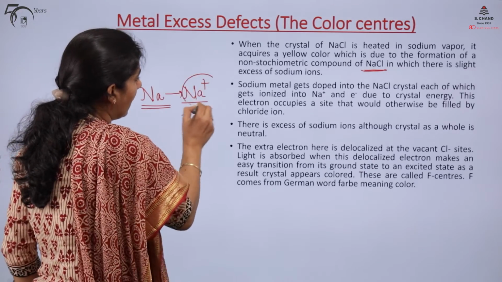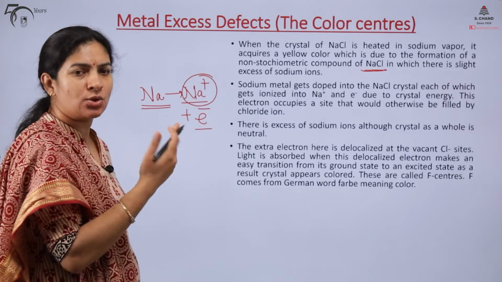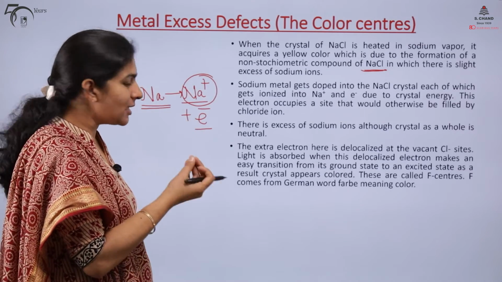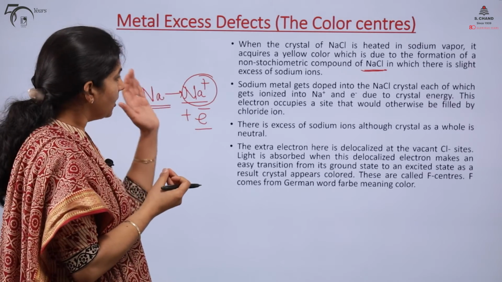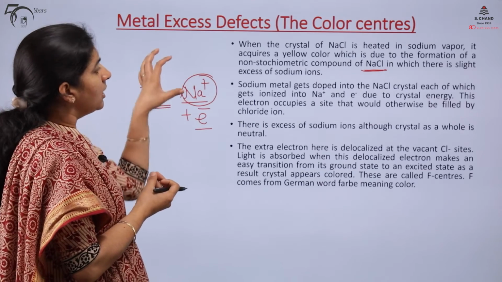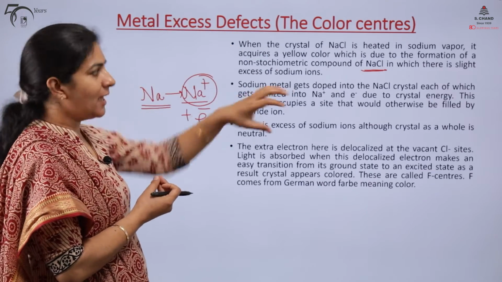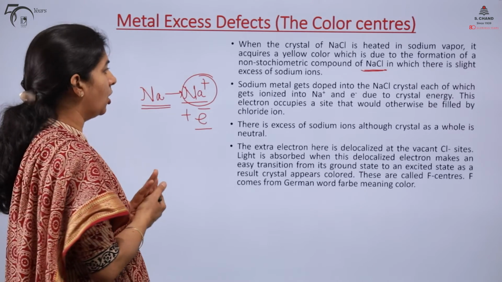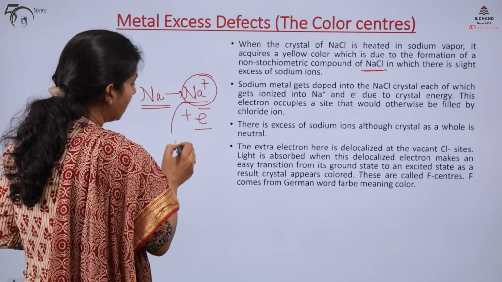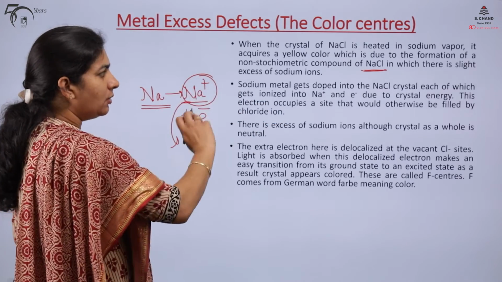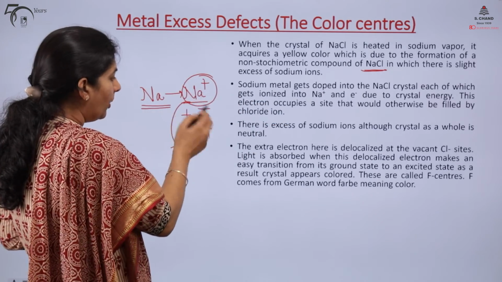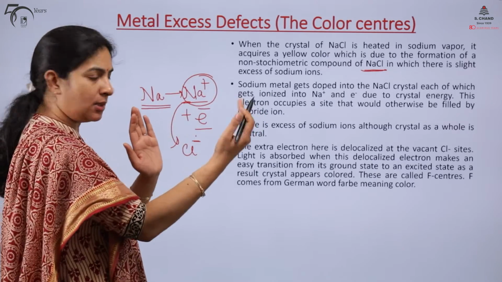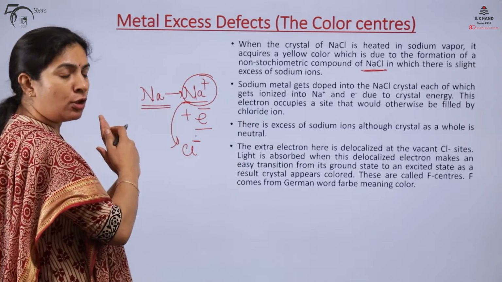Since this is Na plus, it is identical to the sodium ions which are present in the crystal. So what will this sodium ion do? It can replace the sodium ions which are present in the crystal, or it can also combine with the chloride ions which are present in the crystal.